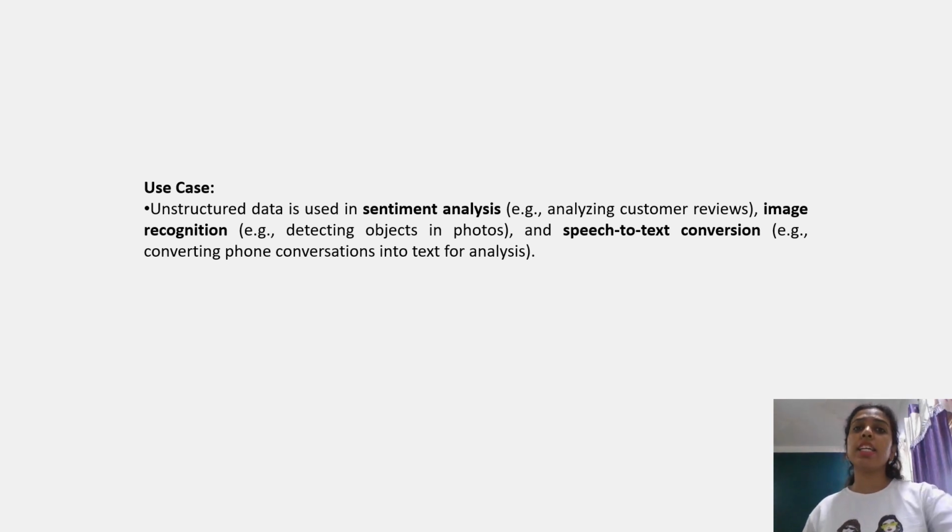Unstructured data is massive and continues to grow. It is estimated that over 80% of data in the world is unstructured. Companies use advanced AI and machine learning techniques to extract useful information from this type of data, like understanding customer sentiment from social media posts or analyzing customer service emails.